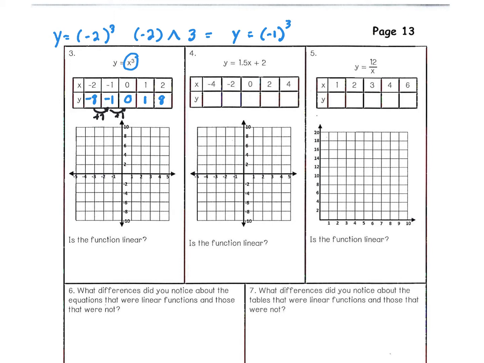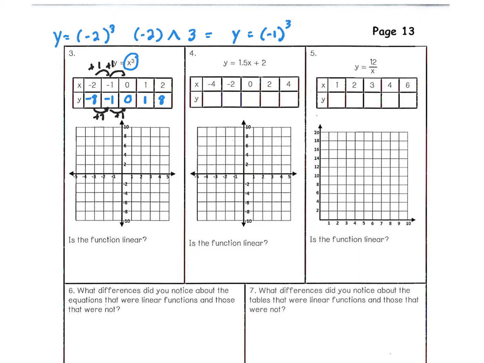However, sometimes based on what the x values are, it might be. So here I'm going up 1, and here I'm also going up 1. So 7 divided by 1 and 1 divided by 1 are not constant. So this is not a linear equation based on those two, but let's go ahead and finish this out.